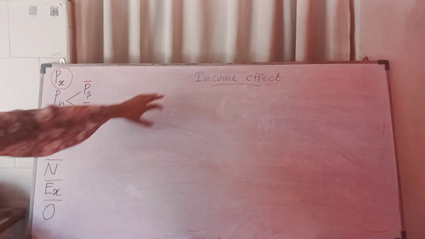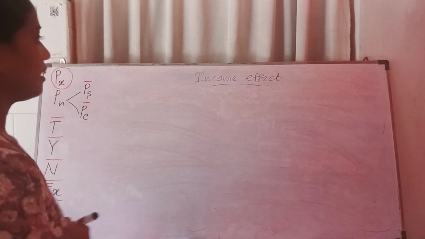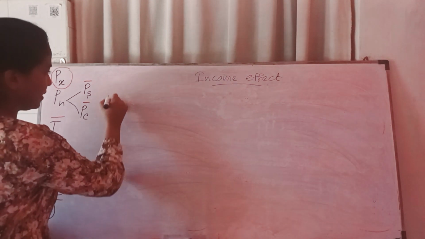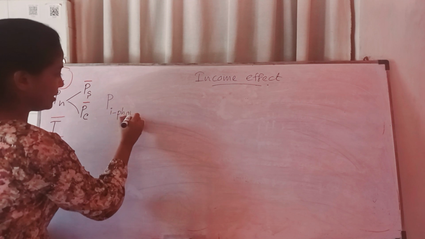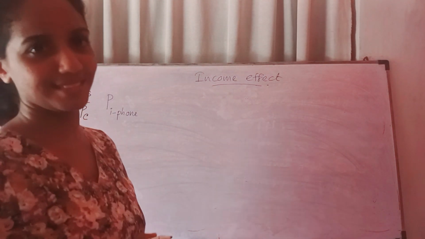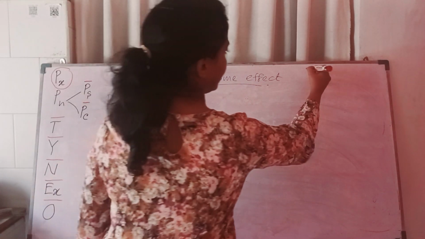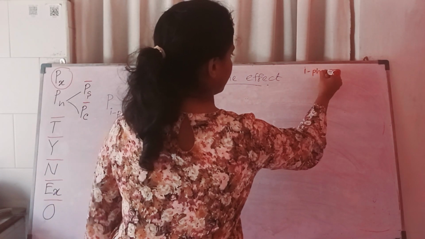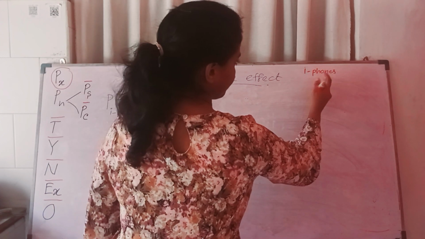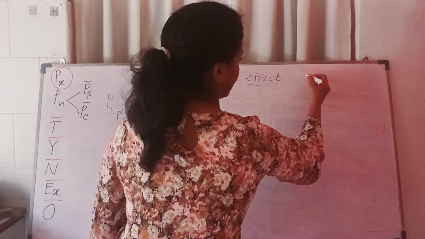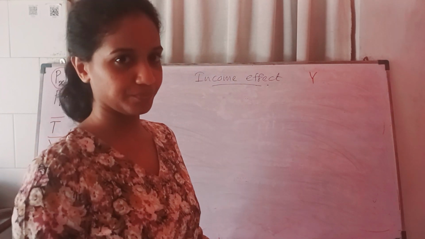Okay, let's see. When we talk about income effect, right? When the price of the concerned good, our concerned good is, you all know, iPhones, right? Our nominal income is just our nominal income. Y represents nominal income, you all know, right?